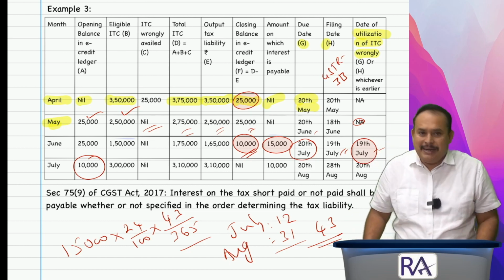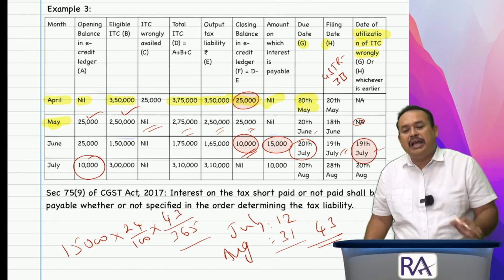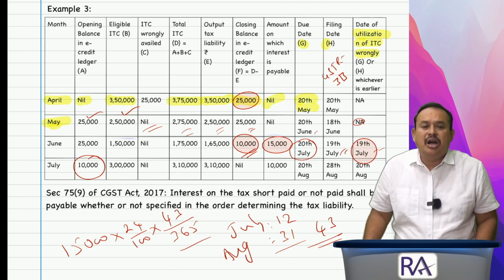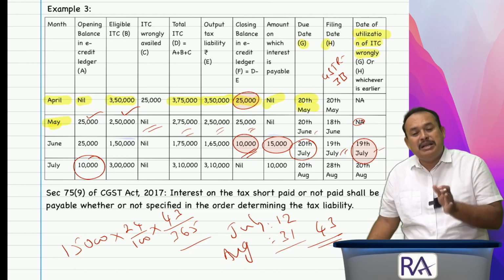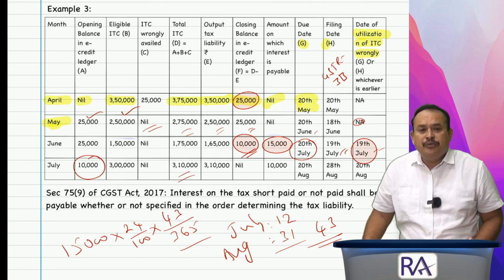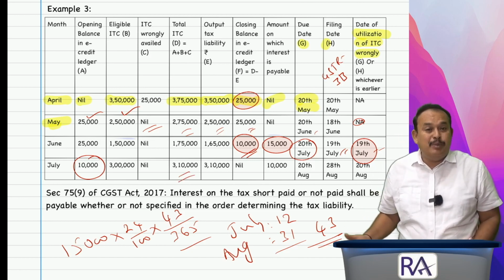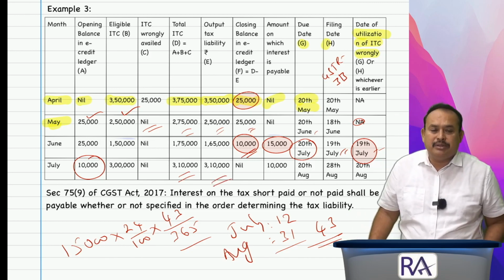Opening balance credit, plus during the month of July you made purchases or received inward supplies on which input tax is 3 lakhs. Total credit available in that month is 3,10,000. Unfortunately, you got a liability to pay in the month of July of 3,10,000, the same amount.